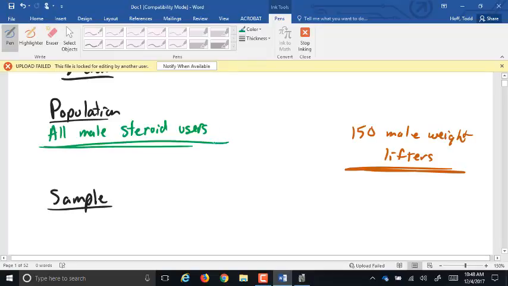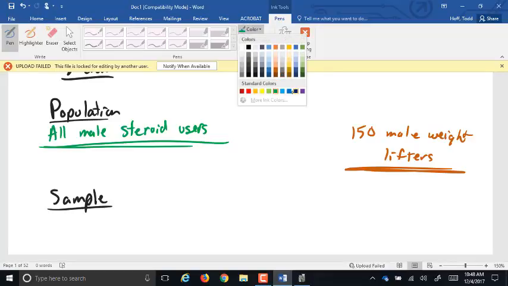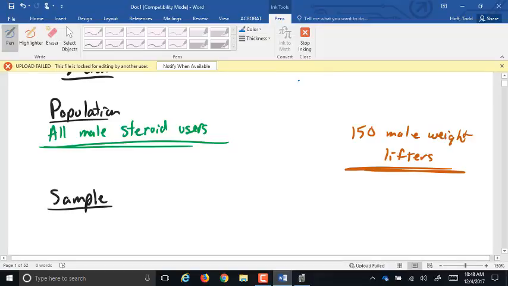Now, that is a tough population to look at because you have people that use steroids for athletics and for weightlifting and training, but there are also people who use steroids because of health issues, prescribed by a doctor because of asthma or whatever. So they had to narrow that population down.